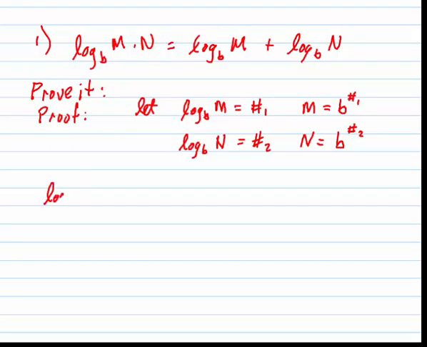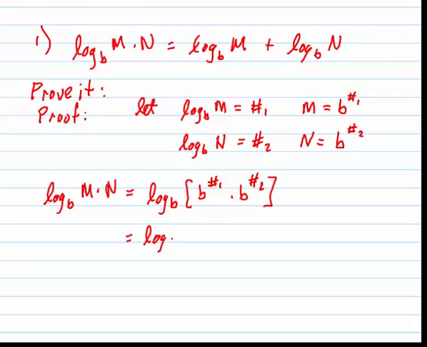So log base b of m times n is equal to log base b of b to the number 1 times b to the number 2, which is equal to log base b of b to the, we add these two, number 1 plus number 2.